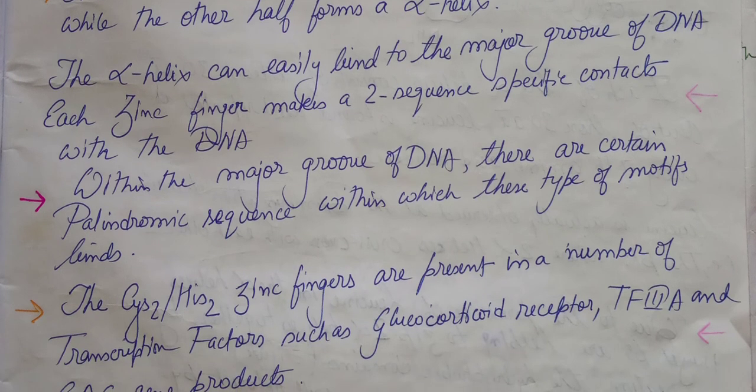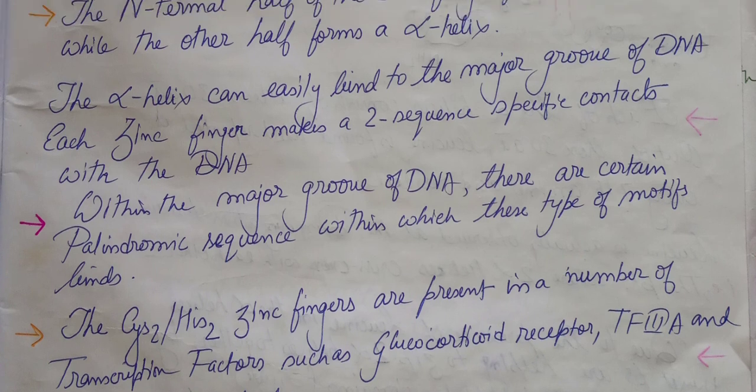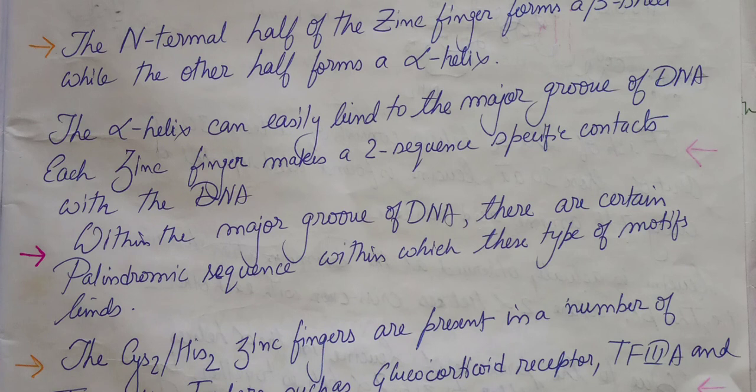Within the major groove, there are certain palindromic sequences. Again I repeat, each zinc finger can make 2 sequence specific contacts with the DNA. Palindromic means it reads the same from the 5' to 3' direction as well as from 3' to 5' direction.